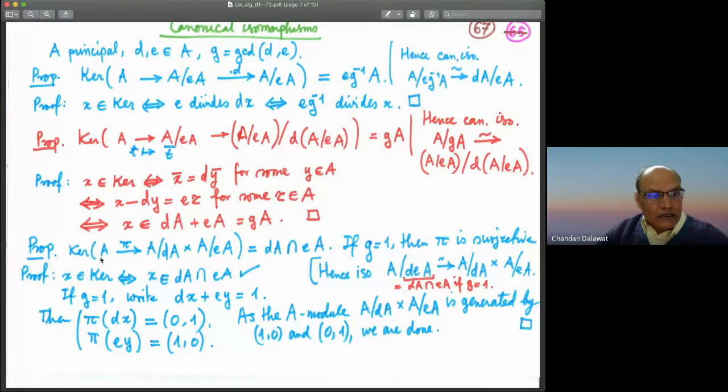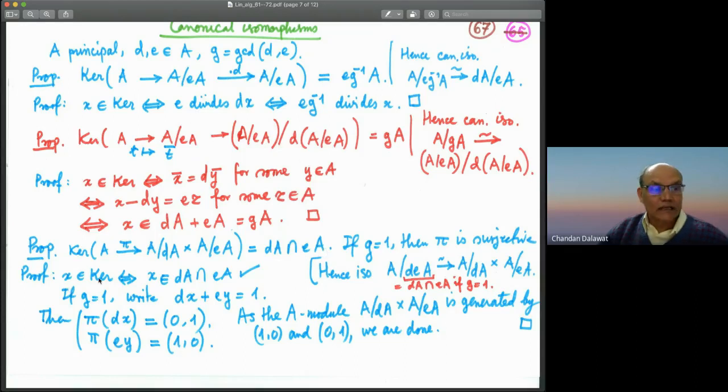It says that if I take the map pi from A to A modulo dA cross A modulo EA, what is the kernel of this pi? The claim is that it's dA intersection EA.